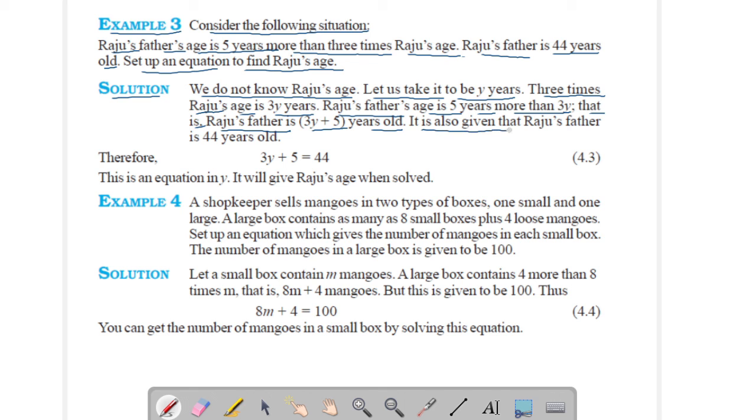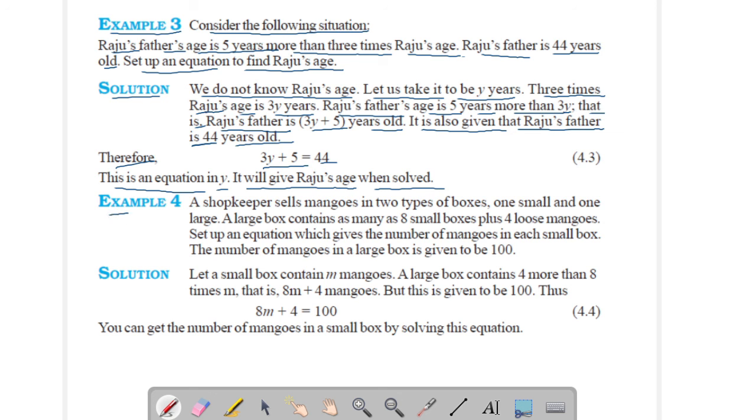It is also given that Raju's father is 44 years old. Therefore, 3y plus 5 equal to 44. This is an equation in y. It will give Raju's age when solved.